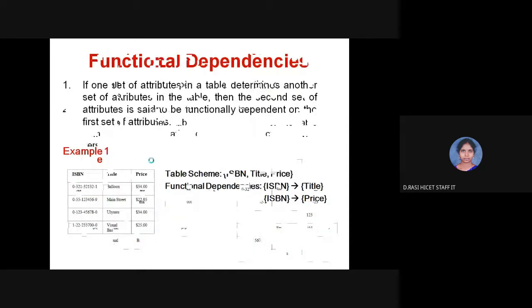Now moving to functional dependency. Why we are going to have functional dependency is because your second normal form is based on functional dependency. If one set of attributes in a table determines another set of attributes in the table, then the second set of attributes is said to be functionally dependent. Functional dependent in the sense, whether I'm going to have a complete functional dependency, like full functional dependency, or partial functional dependency.